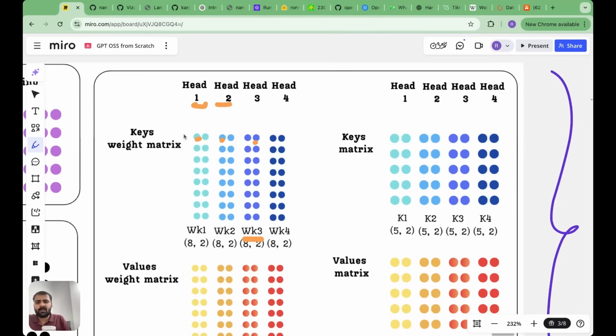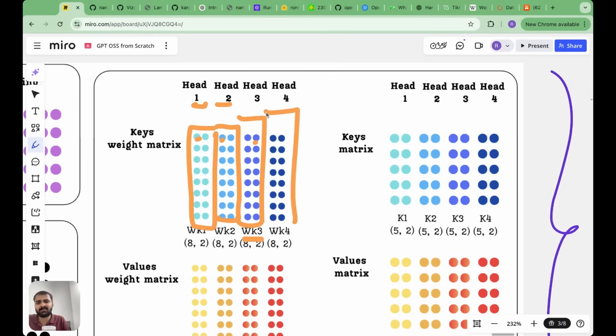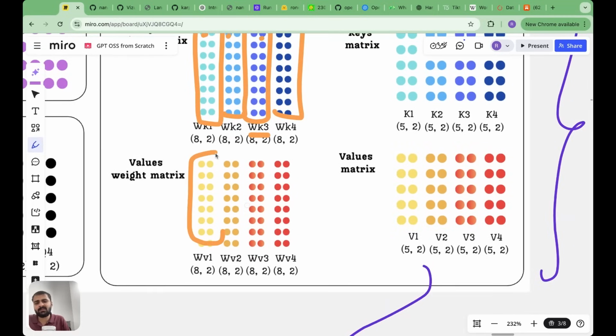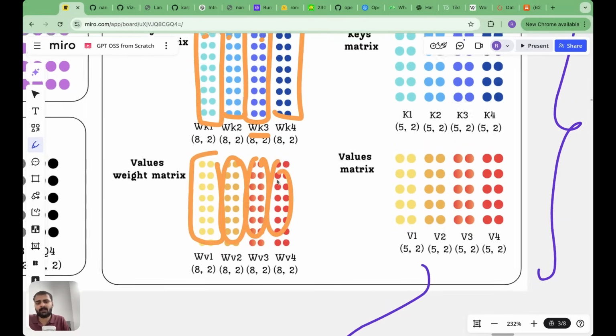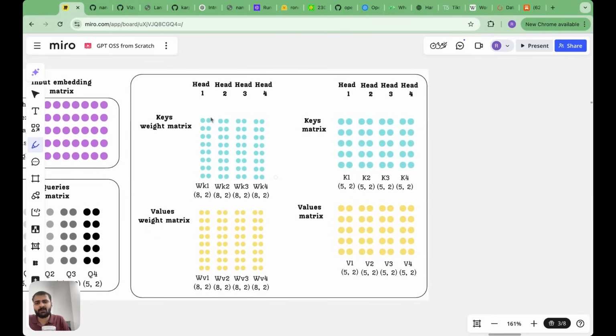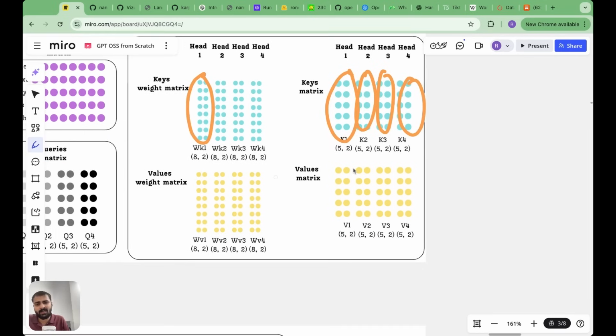So people then thought, what if I impose a structure that whatever values are there in head 1, that's the same as head 2, that's the same as head 3, that's the same as head 4, for the keys as well as for the values. So this is what people proposed. What if the key weight matrix for head 1, head 2, head 3 and head 4 have the same content, and the values matrix for head 1, head 2, head 3 and head 4 have the same content?